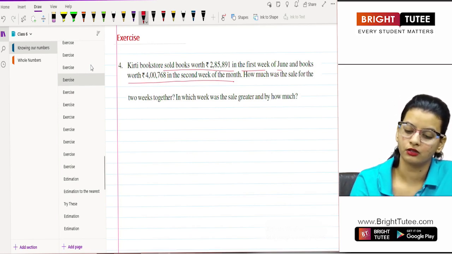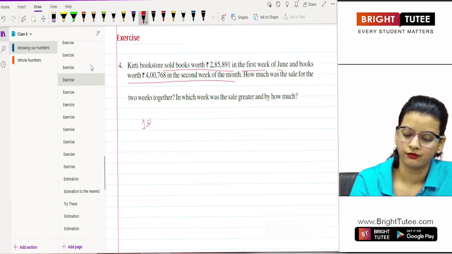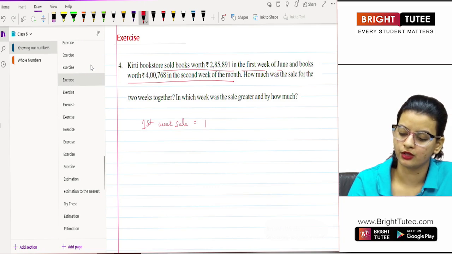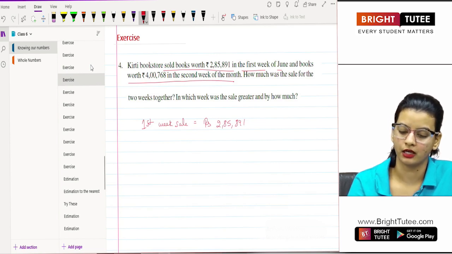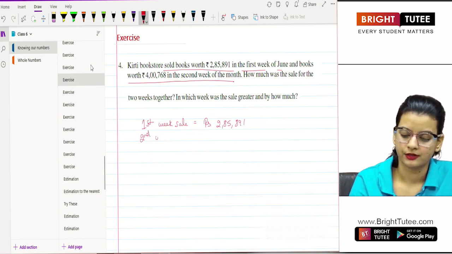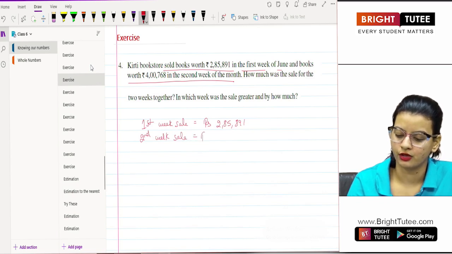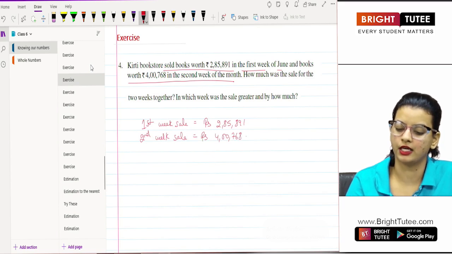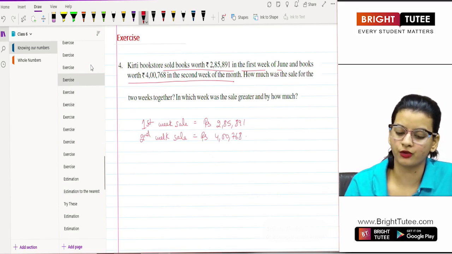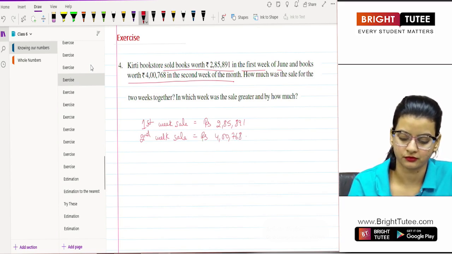So first week sale is equal to rupees 2,85,891, and second week sale is equal to rupees 4,768.